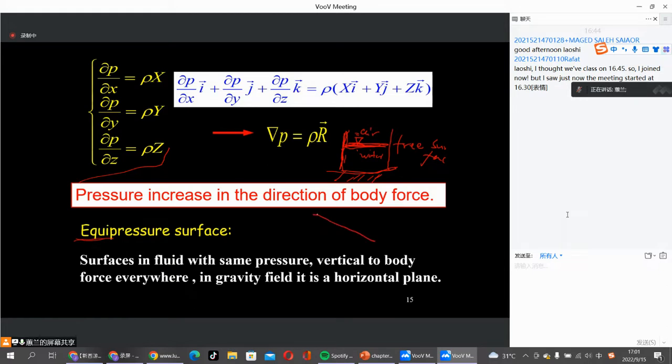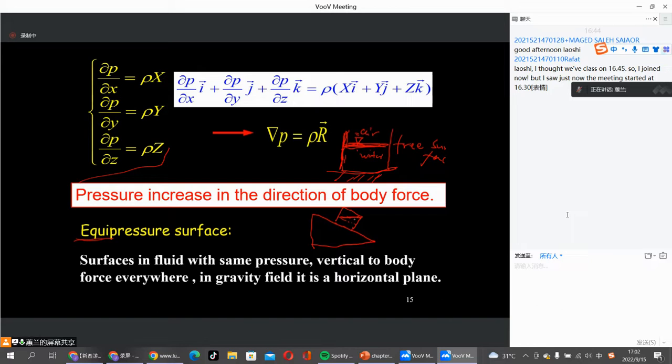However, if this glass is set on a slope, which one will the free surface be? Should it be like this one, or should it be this one? Can you tell me? Should it be the dashed line or the solid line?